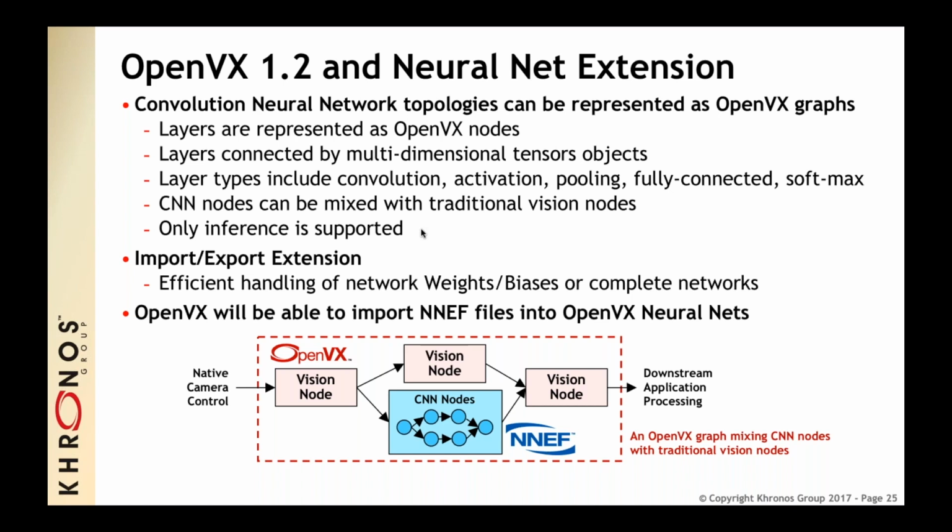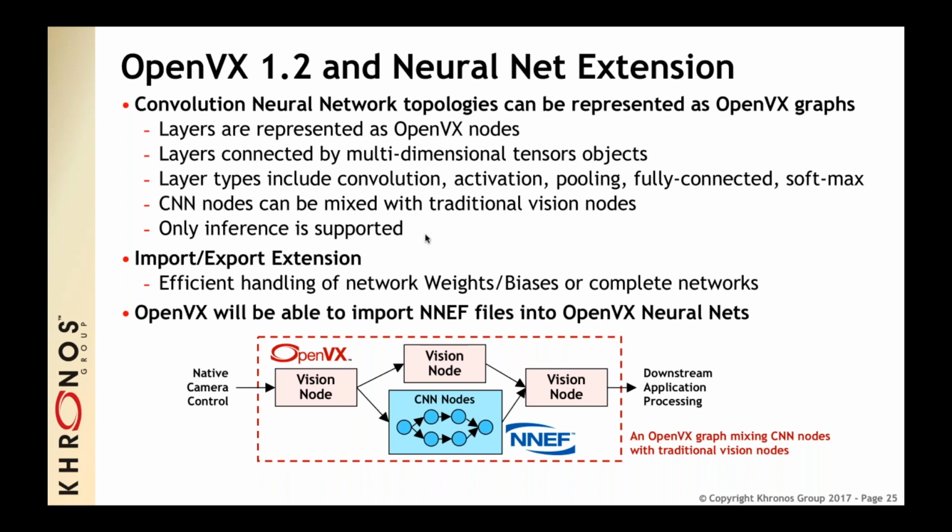And also, the import and export extension is very efficient in handling network weights and biases when I deploy the network, but it also gives me a system in which I deploy the inference. This is also a very important feature, that after I train in the lab and I want to put it in a real application, I get from OpenVX a real system where I can deploy it into the hardware very easily with the import and export extension.